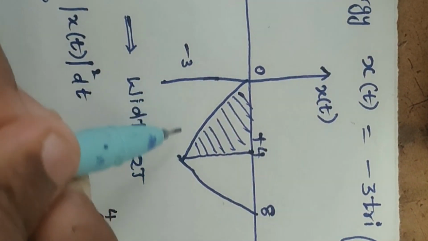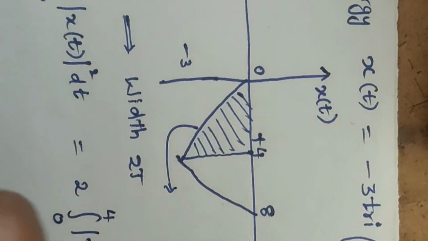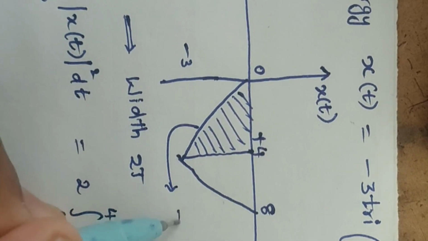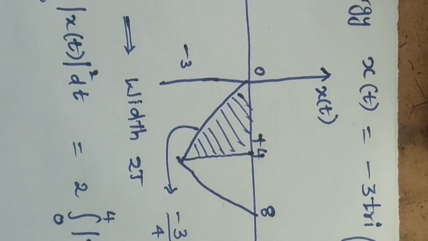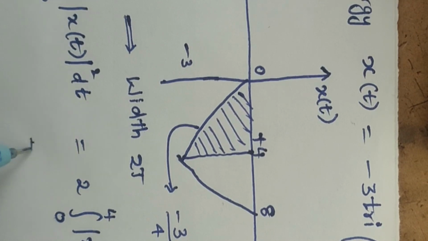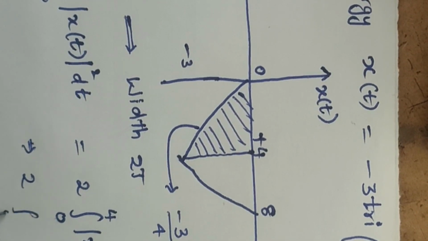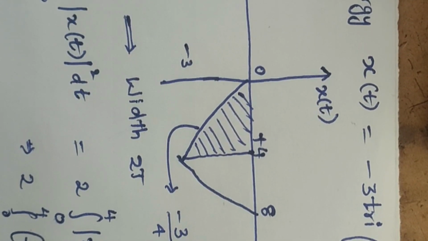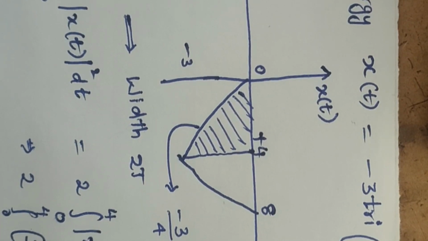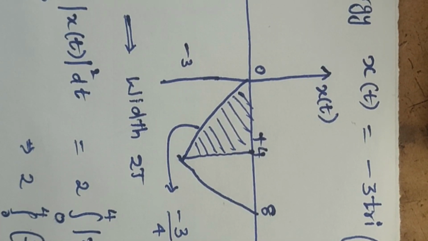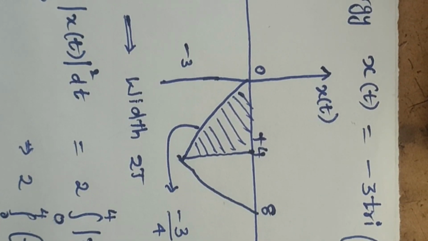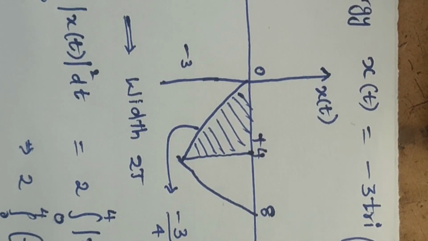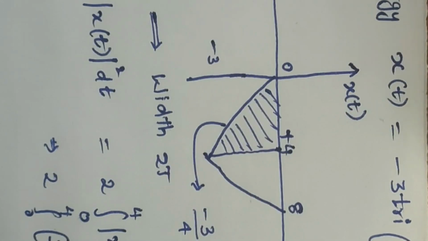So here this equation you can write as, this is the time period, minus 3 by 4 t. Now substitute those values. Here you can write it as 2 integration 0 to 4 of minus 3 by 4 t whole square. You can write it as 2 times 9 by 16 into t square, which becomes integration of t square is t cube by 3 with limits 4 to 0.